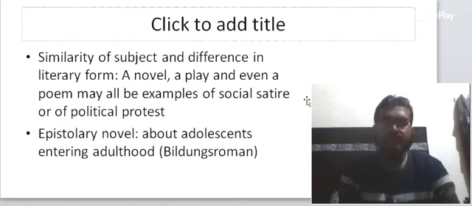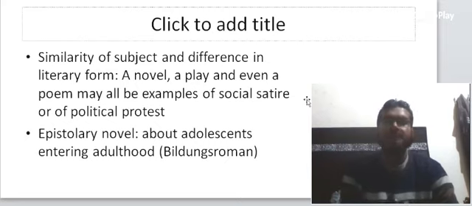So a novel, a play, and even a poem may all be examples of social satire or of political protest. Now, since they have the same subject matter, does not mean that they should fall in the same category, in the same genre. But due to difference of composition and literary form, they are categorized differently. So these three genres are significantly different from each other.